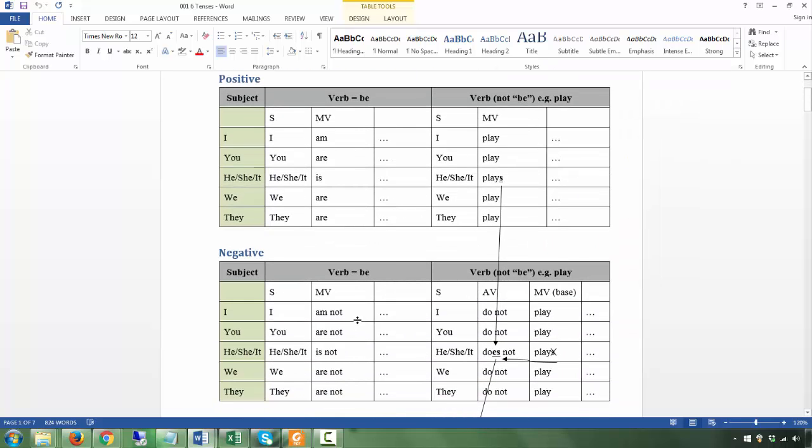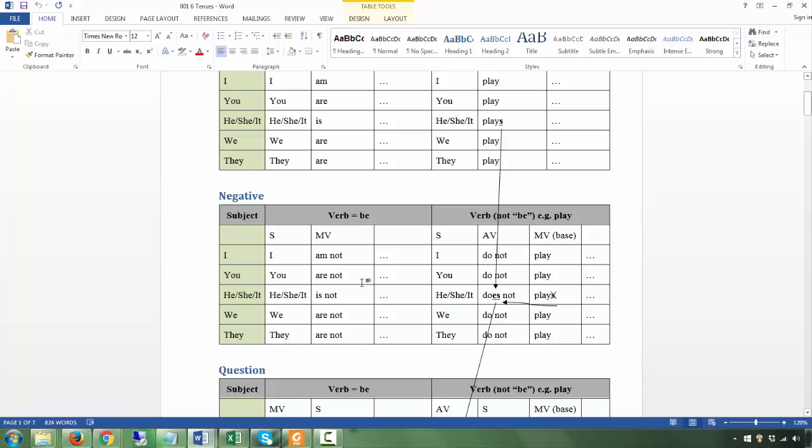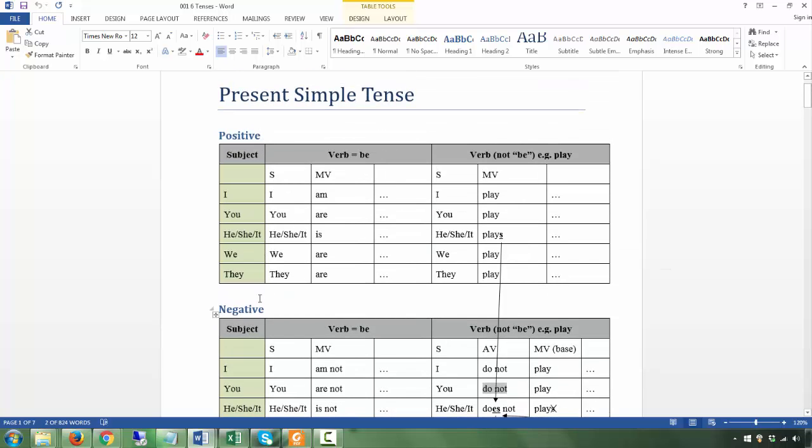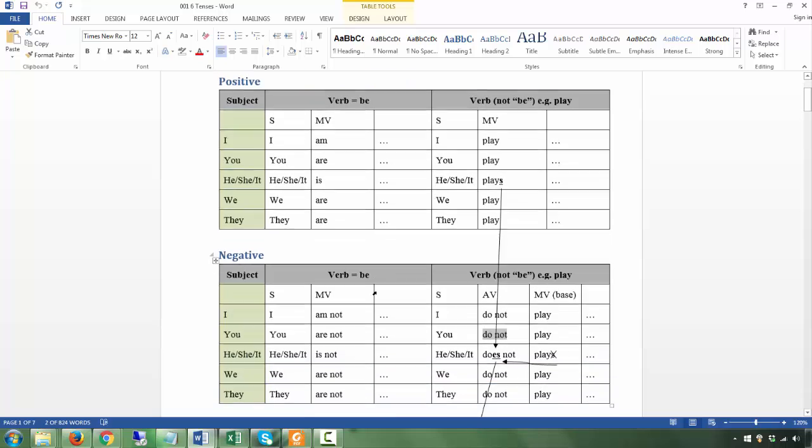You don't just put a not. You only put a not after the be verb. But if you say play, you don't say I play not. You say I do not play. Okay, so sometimes when you go from positive to negative, the form changes a lot, and students get caught with not knowing how to write the correct form.